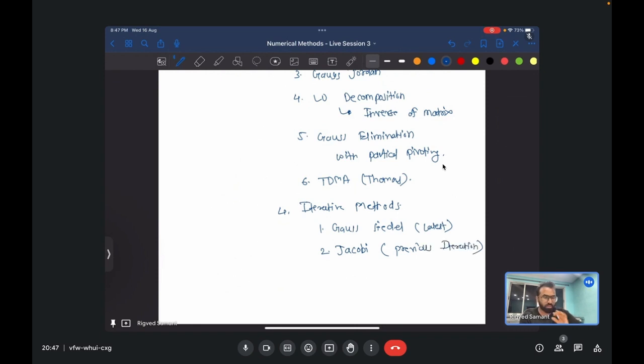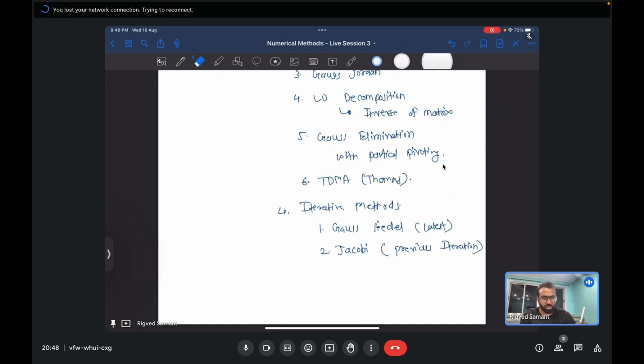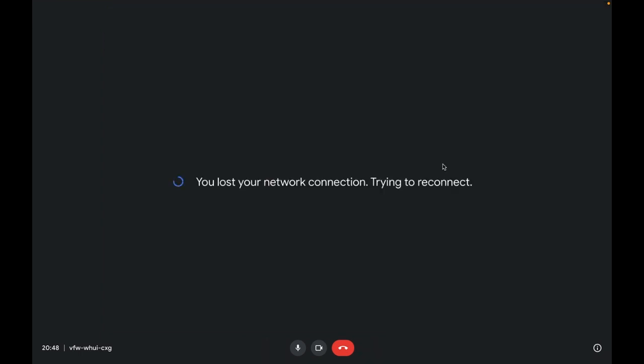Even if you get the latest value of y and you are calculating z, you will not use the latest value, you will use the value from the previous iteration. That is the only difference. Both of them will converge provided you keep track of diagonal dominance. So you first have to check the diagonal dominance of the matrix: whether the sum of the other elements in a column is less than the pivot element, otherwise you will have to shift them.